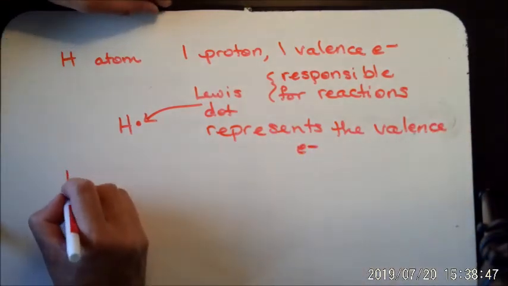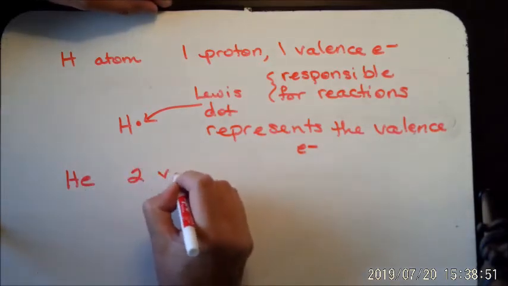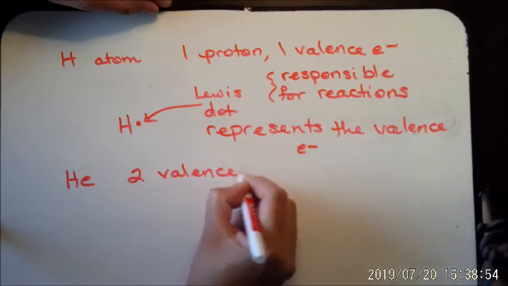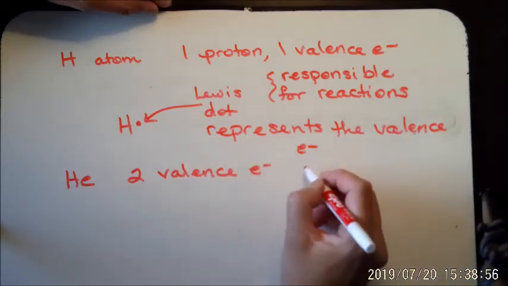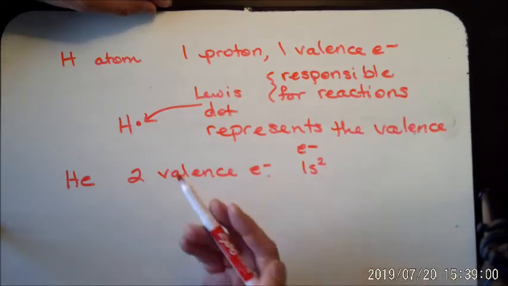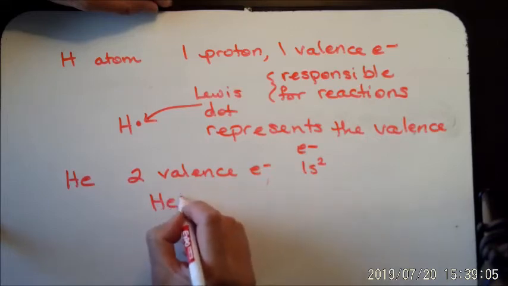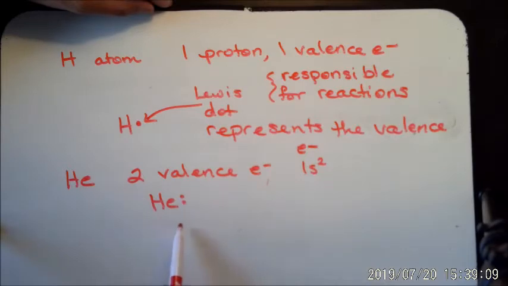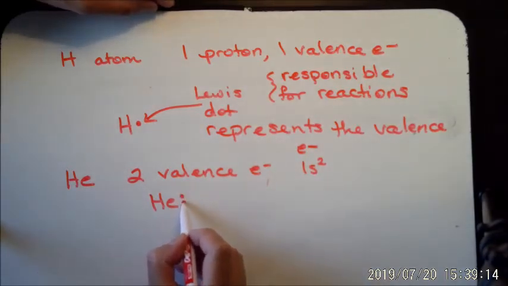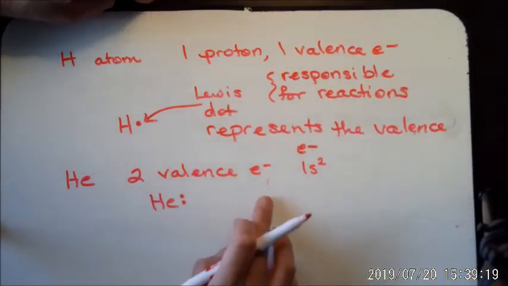Okay, so the helium atom has two valence electrons. Remember, it's 1s2. That's my highest principal quantum number. When we draw our helium, we write down the symbol, and we can draw our two dots, just like that. And whenever you're drawing Lewis dot symbols, make sure you spend some time making these large enough that I know it's not some random mark on your board or on your paper.